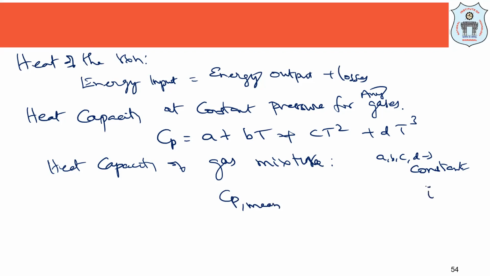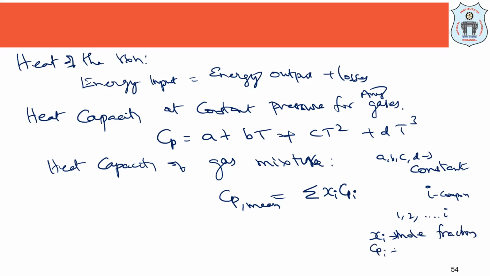If there are I components, that is 1, 2, 3 up to I, we can get Cp mean equal to summation of Xi into Cpi, where Xi is the mole fraction and Cpi is the heat capacity of the ith component.